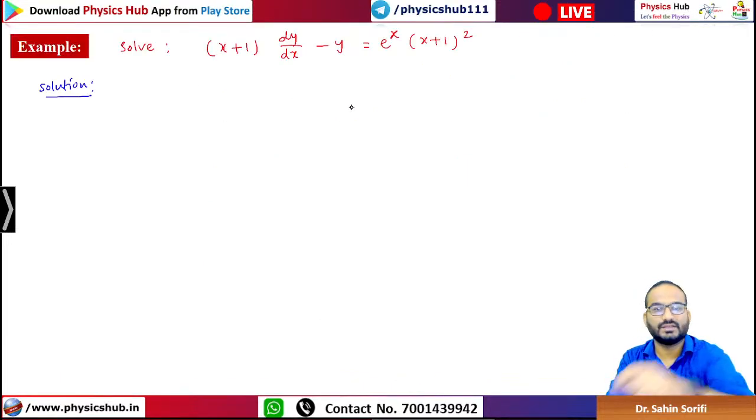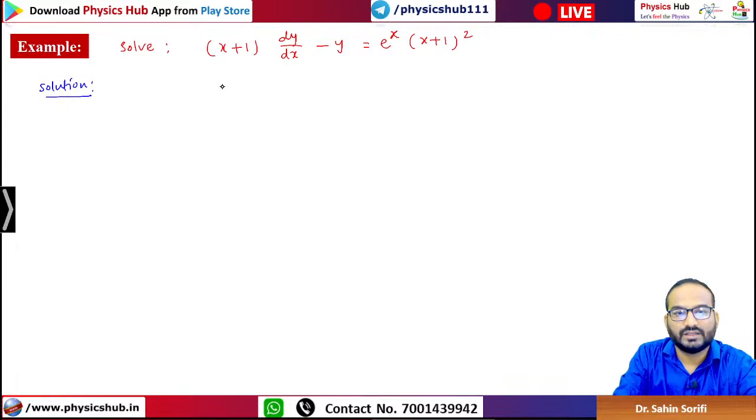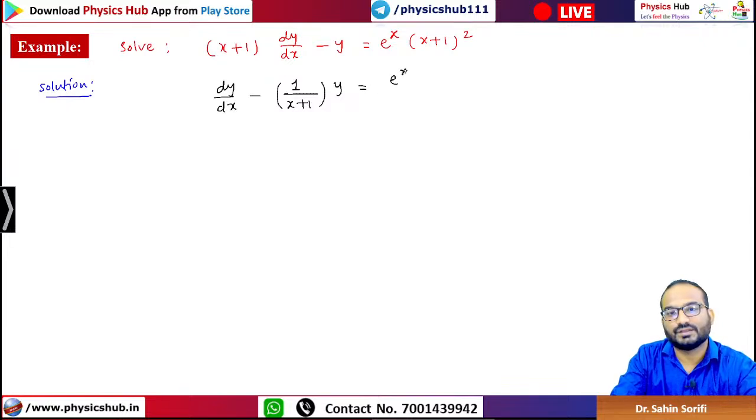So let's see whether we can convert it in that form. dy by dx, if you just divide by x plus 1, what do you get? 1 by x plus 1 times y is equal to e to the power x times x plus 1, divided by x plus 1.